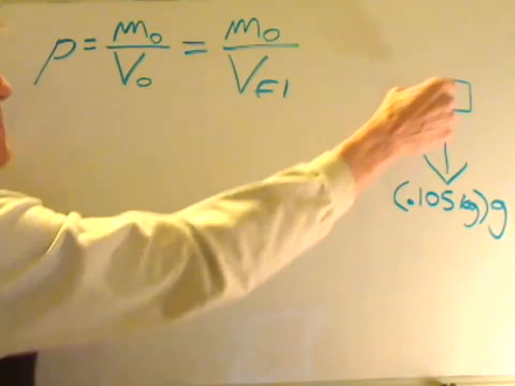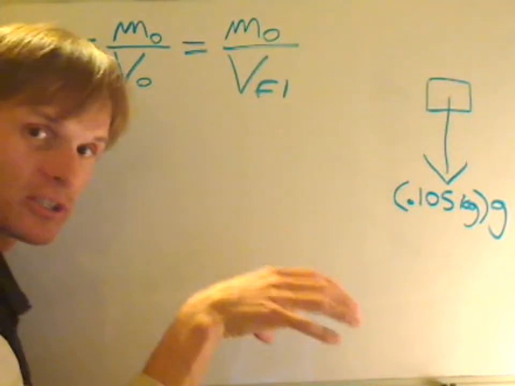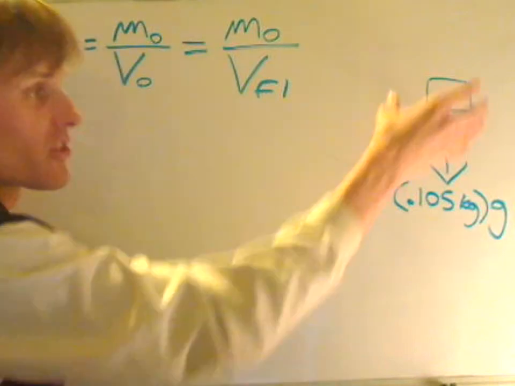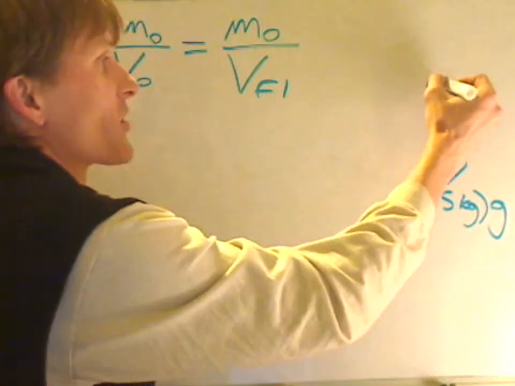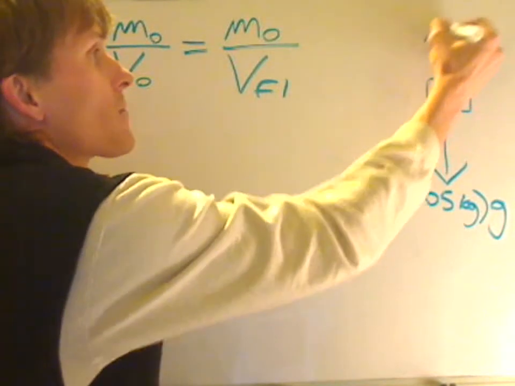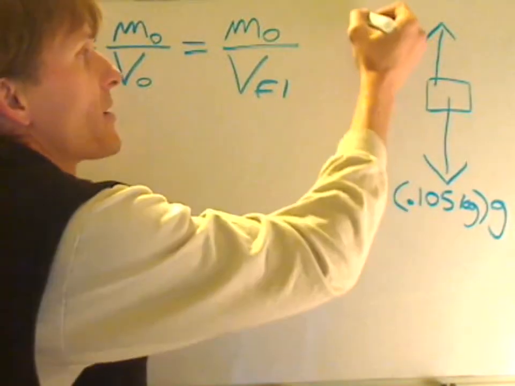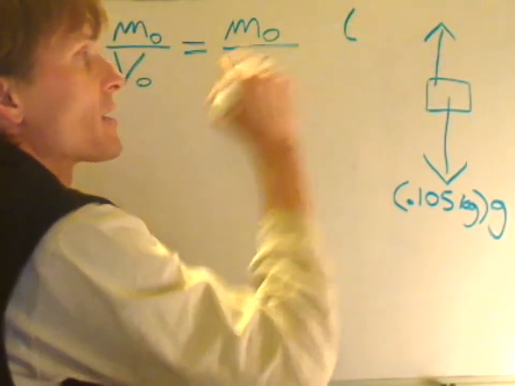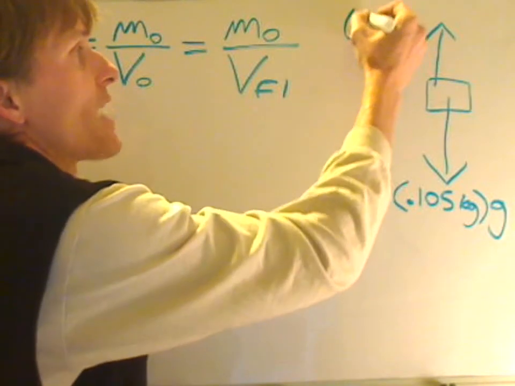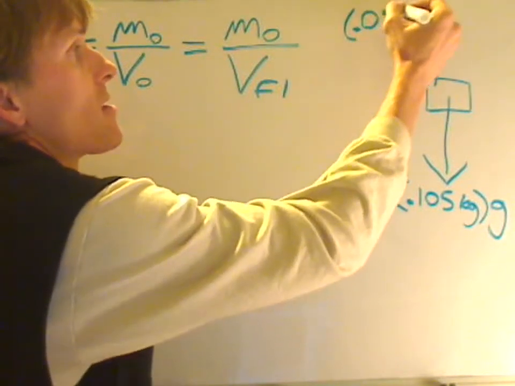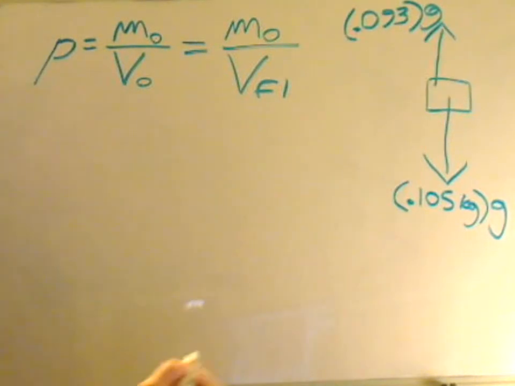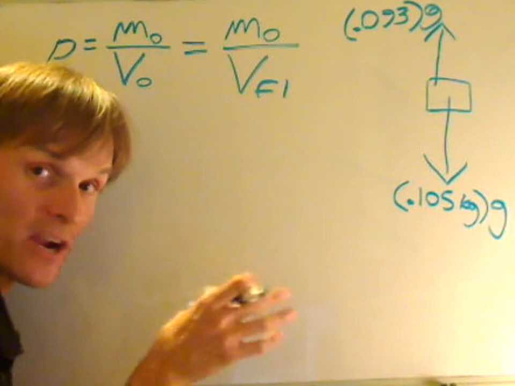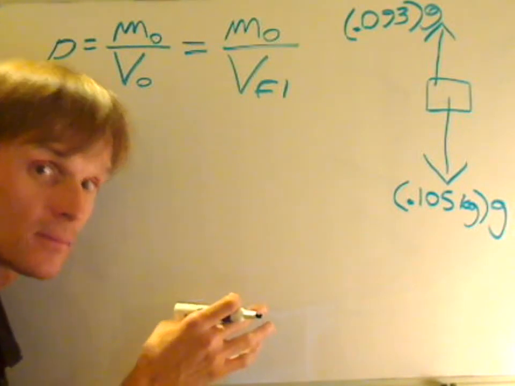So that's essentially how much we have to pull up with on our little scale to make it stationary in the water here. So our scale is pulling upward with a force of its apparent mass, 93 grams, times g. That's its apparent weight in water.